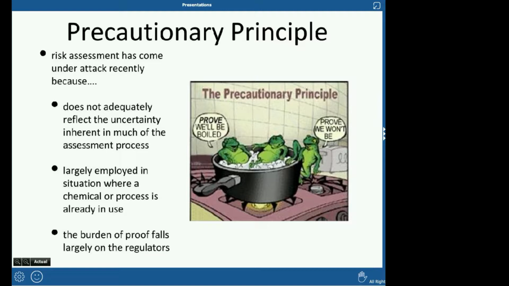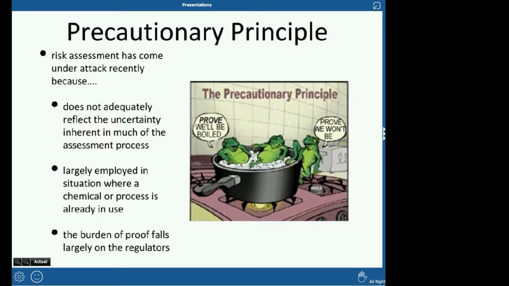The people making the chemicals are saying, well, prove that this chemical is not safe. And the people that are regulating are saying, prove that it's not. Unfortunately, the regulators are having to prove that it's unsafe rather than the folks that are making the chemical proving that it's safe. You'd think that they would say, here's all our research, this chemical is proven safe, we would like to market it. But instead, the regulators are usually the ones that are forced to provide the burden of proof.